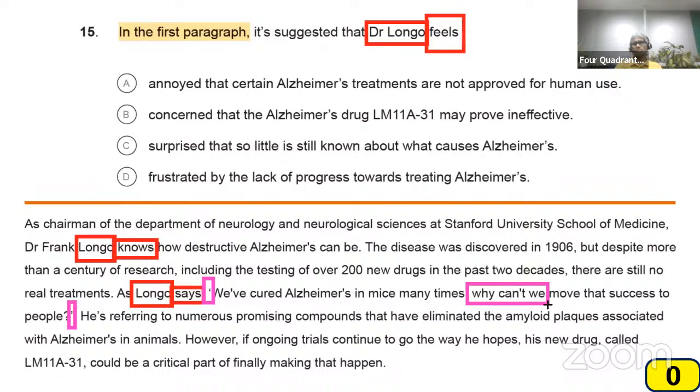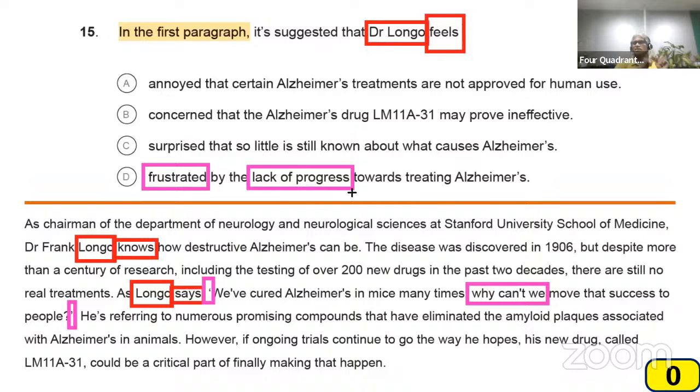Right? Why can't we move that success to people? So he is frustrated because in mice, success is there, but in human beings, lack of progress. We are not moving forward towards treating.